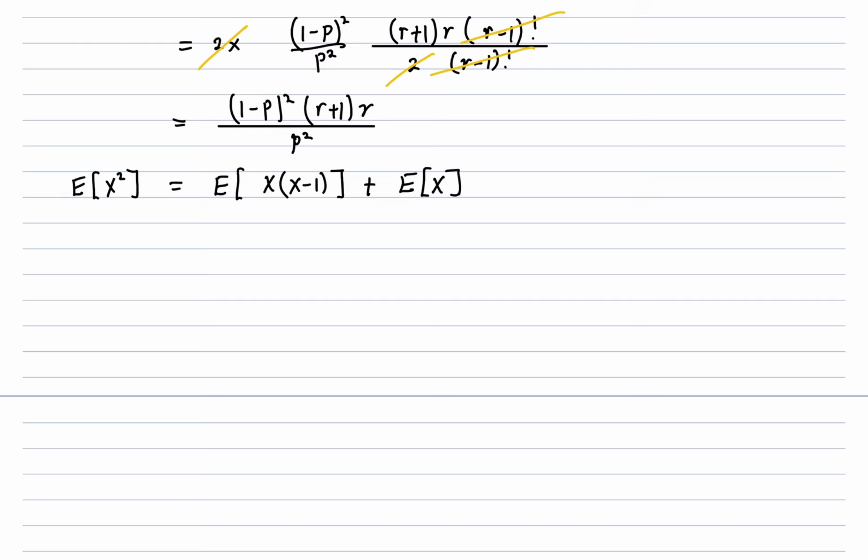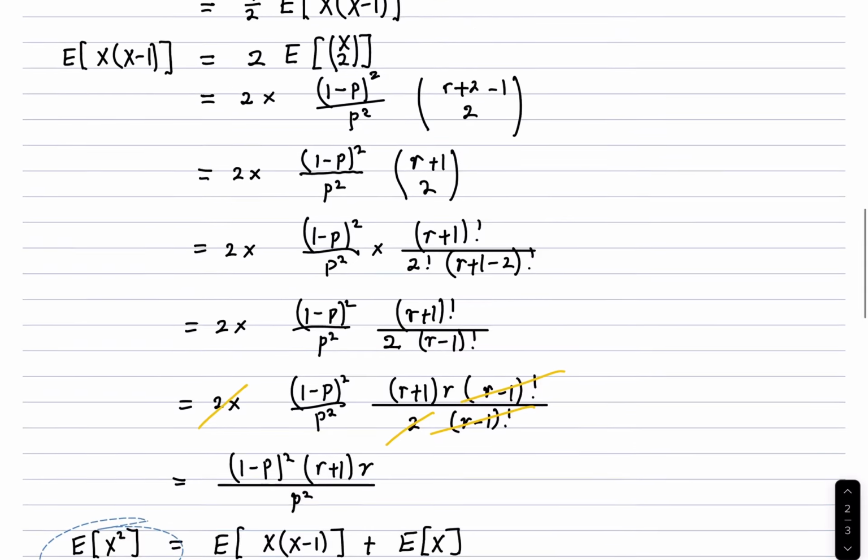And that's because if you expand this quadratic term, you get x times x, which gives you the x squared, minus x. So you get a minus expected value of x here, cancelling with the expected value of x here. And so you just get left with x squared in this expression, hence why this is true.